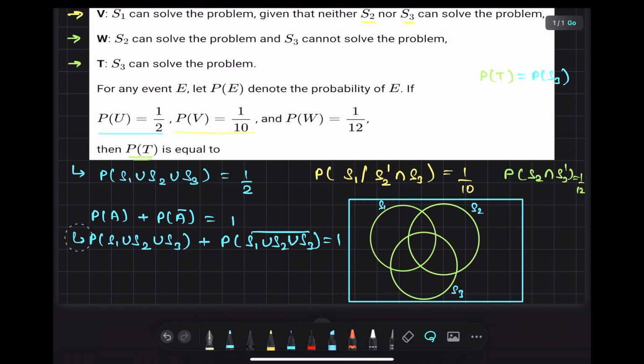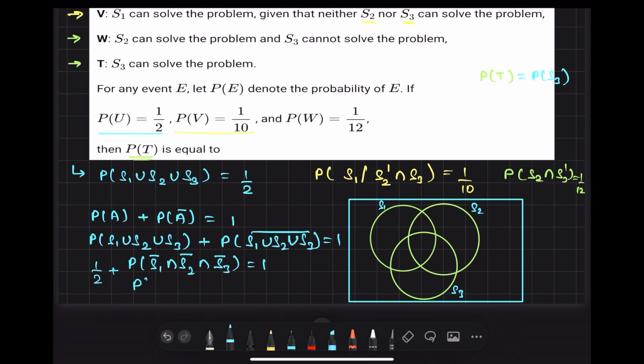You know that this entity is nothing but 1 by 2. It has already been mentioned. Now, if you put bar, everything will change. So probability of S1 not union will become intersection, S2 not union will become intersection, S3 not equals 1.